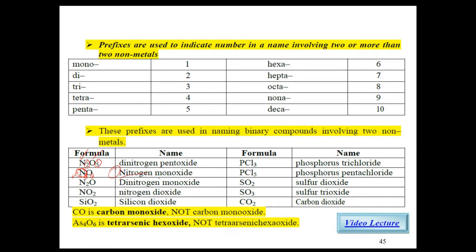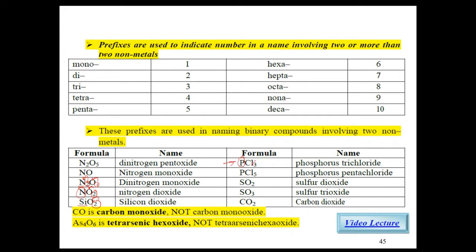So only nitrogen monoxide. In the next example, how many nitrogen here? 2. So dinitrogen monoxide. Now again here, nitrogen dioxide, silicon dioxide.